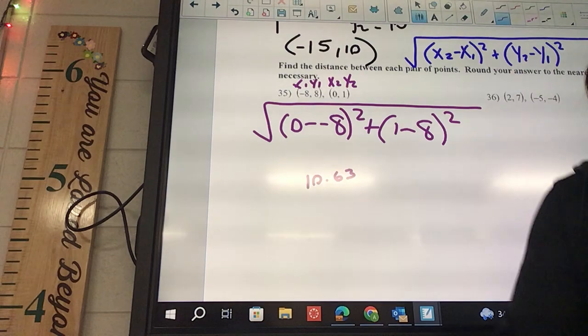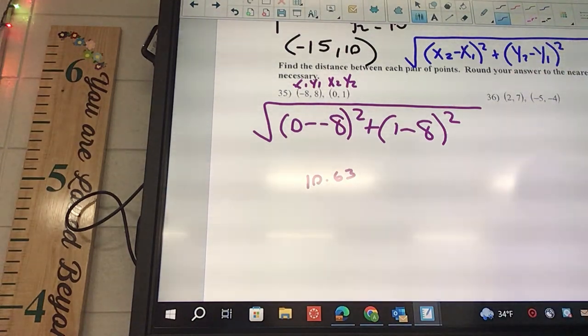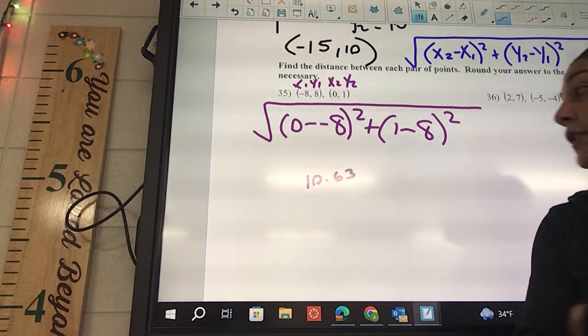Okay, who else? I need a couple more, because that's a lot of typing. You got 10.6? Yeah, 10.6. One more. Okay, and if you don't remember how to type it, today's a good day to figure it out. You got 10.63?